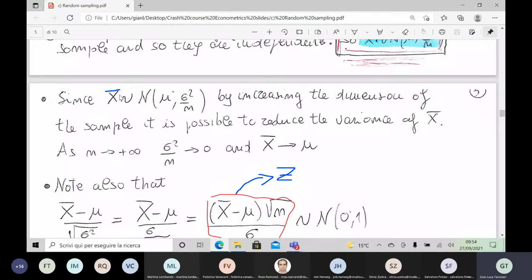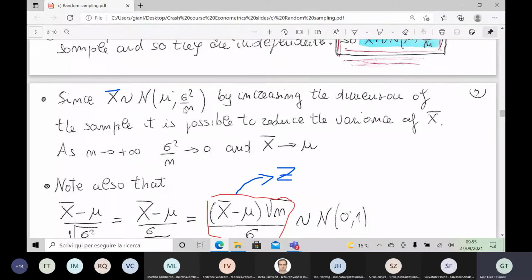In particular, if n is super huge, that is, let n tend to plus infinity, what do you get? You studied mathematics with me: sigma square, a number, divided by something that tends to plus infinity tends to 0. So what does this mean? This means that the variance, which is a measure of the variability, tends to 0.